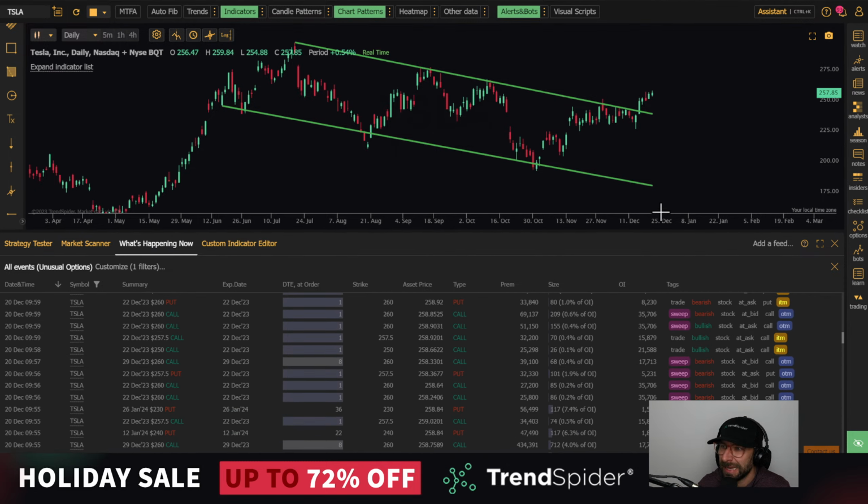What's this one right here? $434,000, 4% of the open interest. Bearish sweep at the bid. 8 days till expiry. This is on the 260 call. So this could be somebody selling calls, perhaps. That's the biggest order that I've seen today.